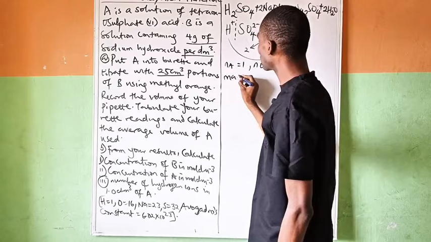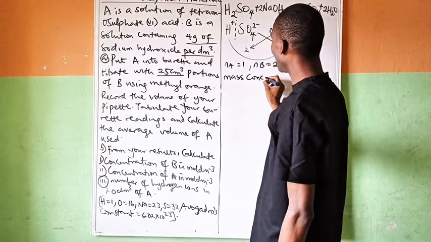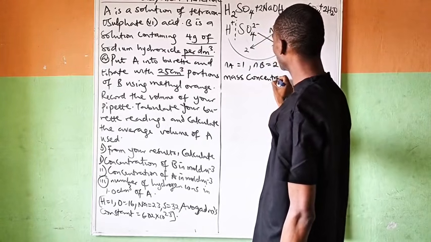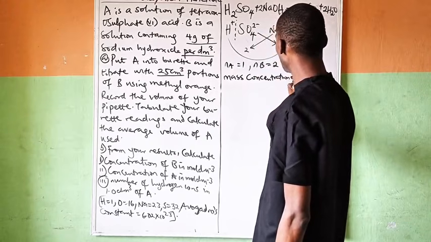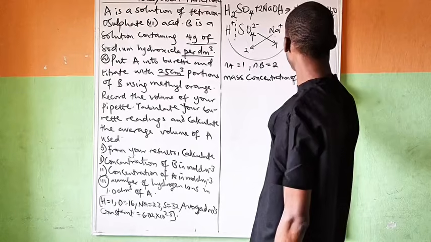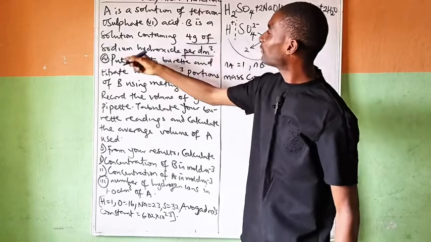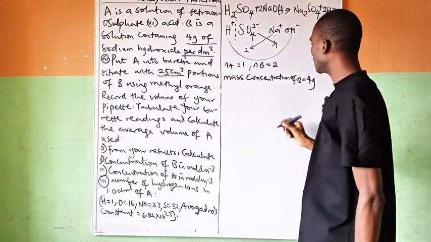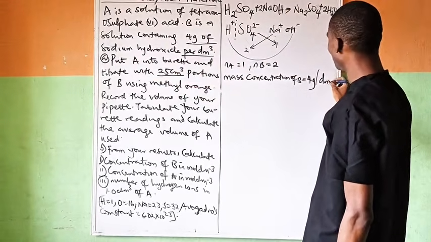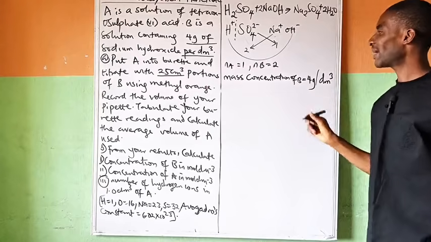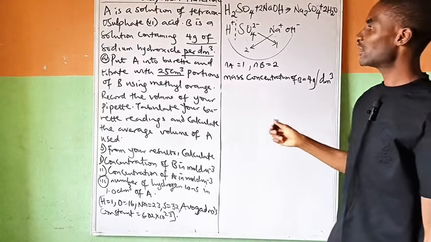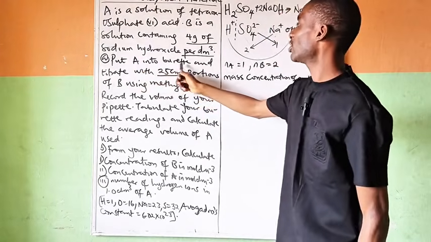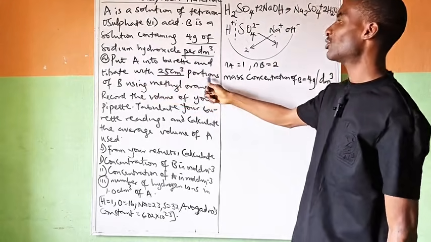So the mass concentration of B is 4 grams of sodium hydroxide per dm³. That is the mass concentration of B. What else were you given? They said put A into a burette and titrate with 25 cm³ of B.